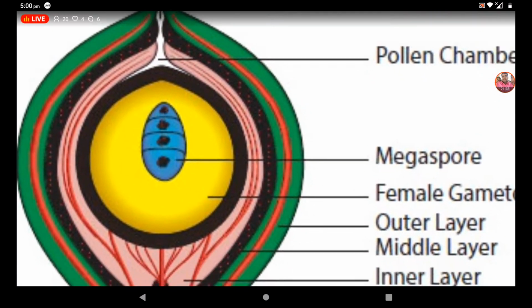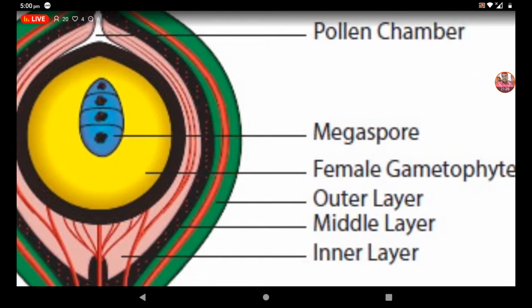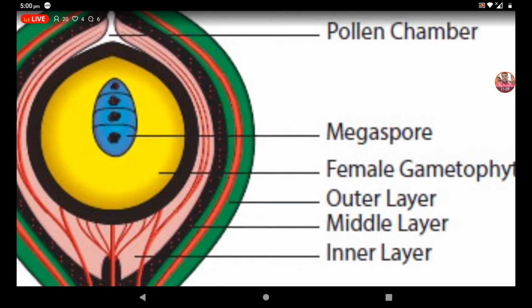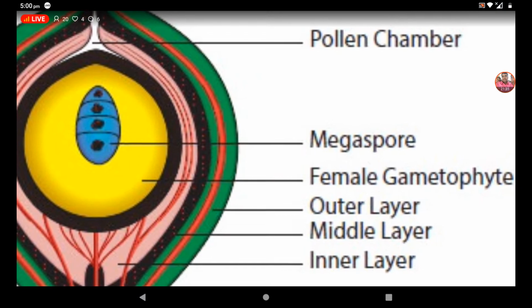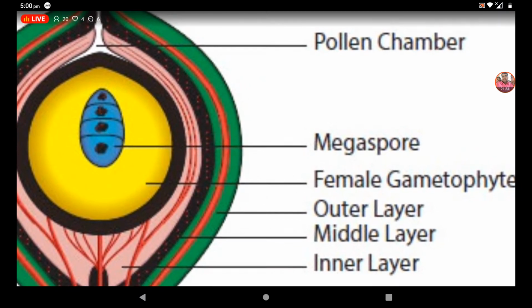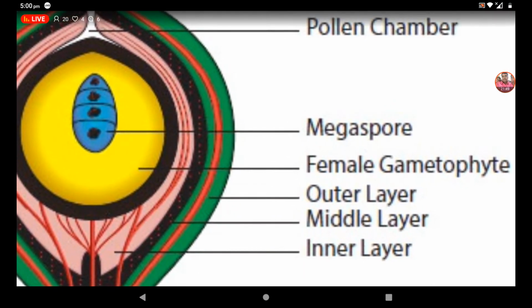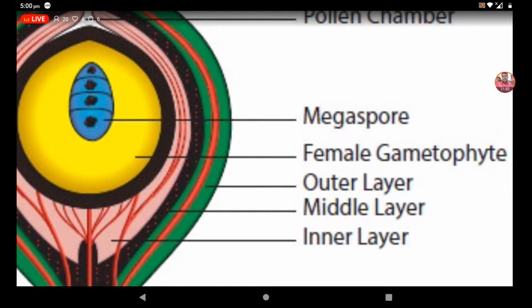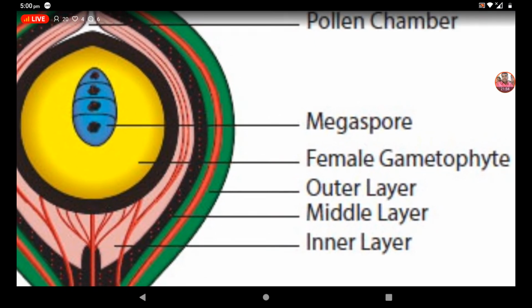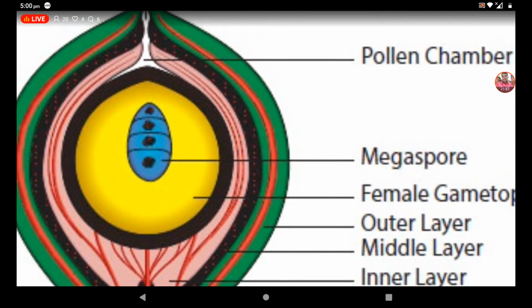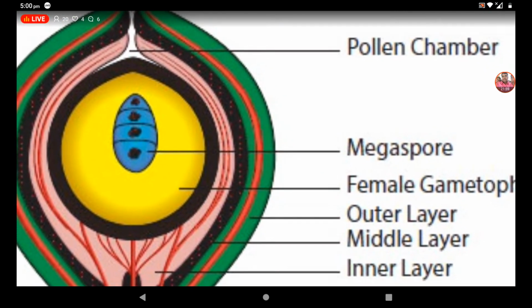And next, the female gametophyte, shown here in yellow color on the screen. The female gametophyte is also called endosperm. Special here: endosperm in angiosperms is a triploid condition that provides food for the development of the embryo. In gymnosperms, the female gametophyte, also called endosperm, provides food for the development of the archegonium. Here the megaspore is shown on the screen.